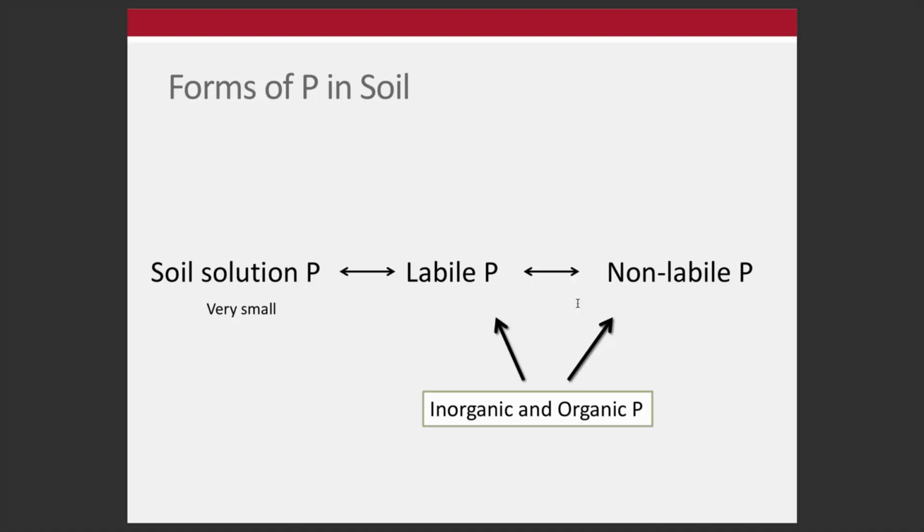So when we think about availability, we're talking about relative availability, and we're going to be talking about the inorganic first and then the organic forms of P. In both of those fractions, the availability of that phosphorus to a plant is relative, from very available to not available at all. Okay.